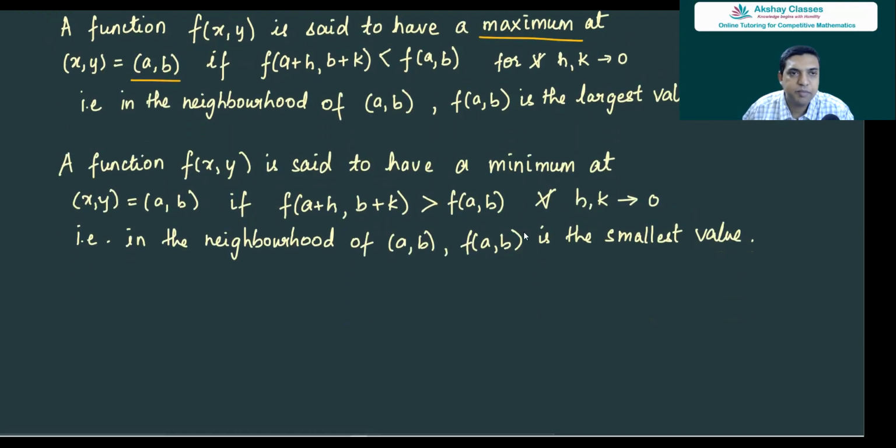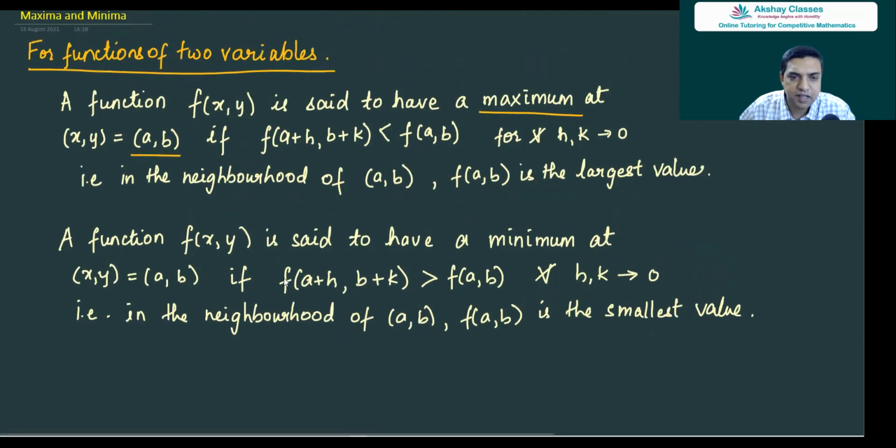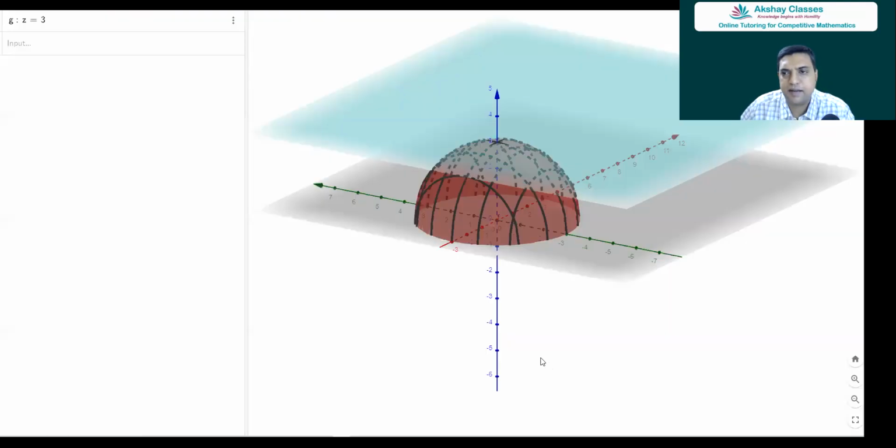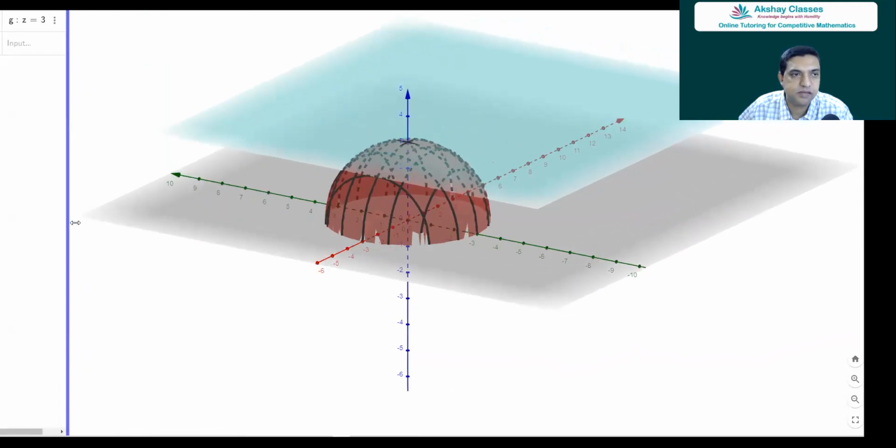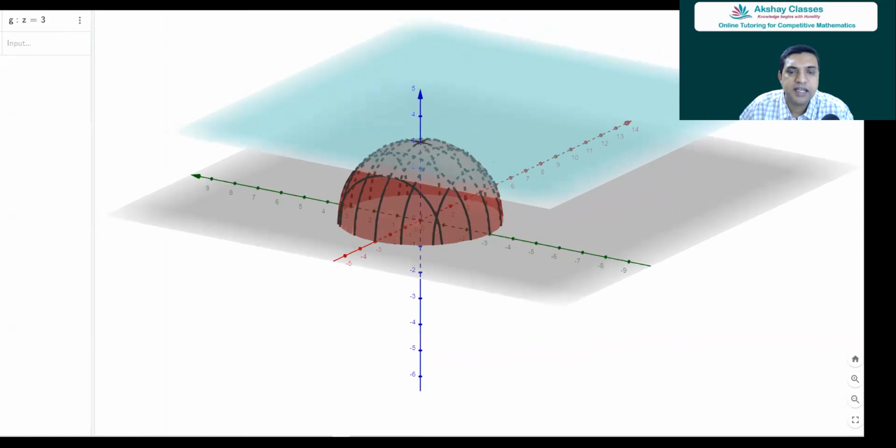Now, some important points to note. I will show some figures to you. Let us look at this. There's a function.